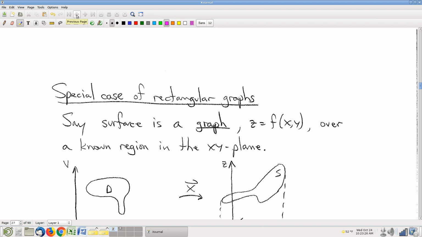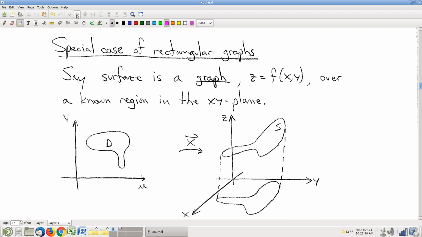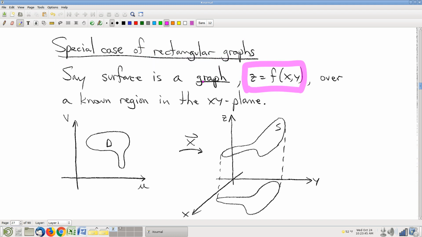So picking up from there, it turns out that there's an extra formula that I think you should know. This is a special case: the case where the surface you're looking at is a graph, specifically a rectangular graph. So it's z as a function of x and y, in other words. Graph, in the sense that you've solved for one of the variables in terms of the others.